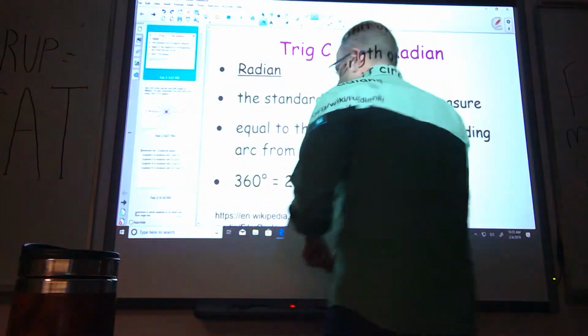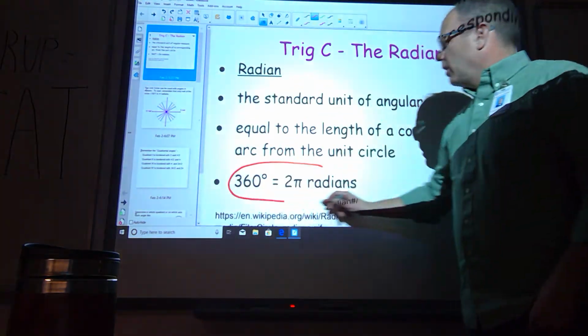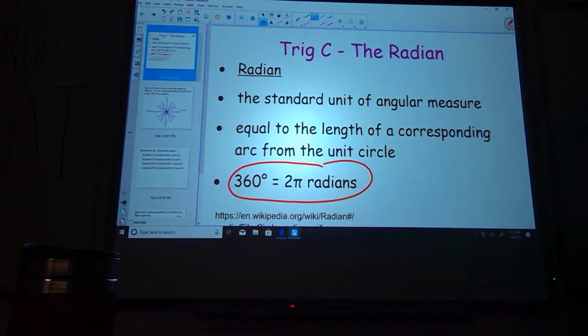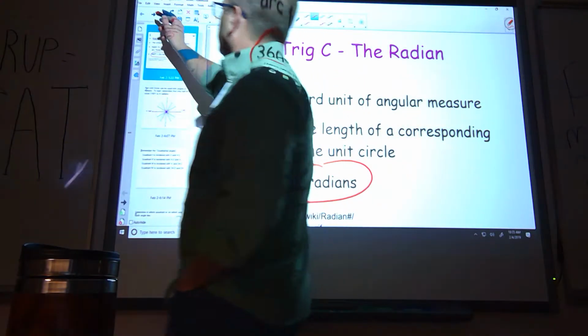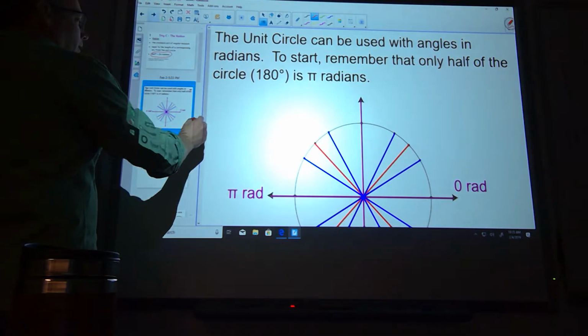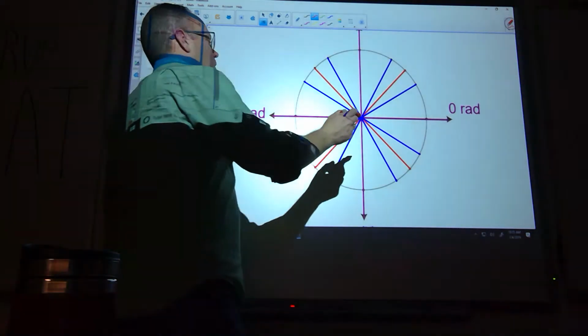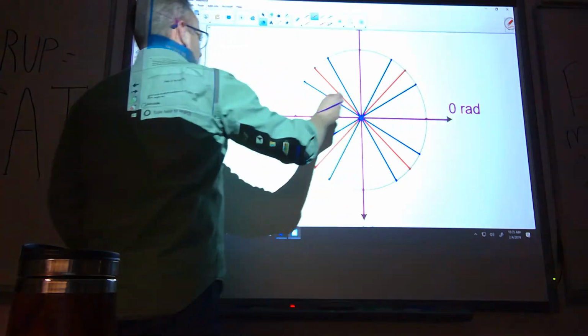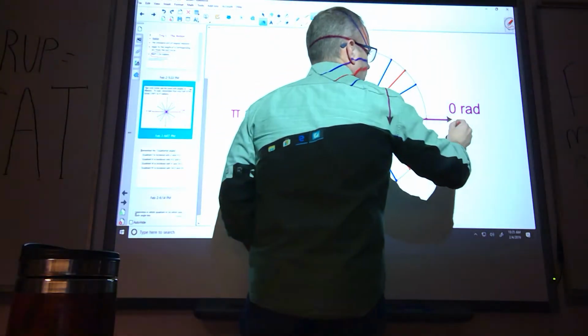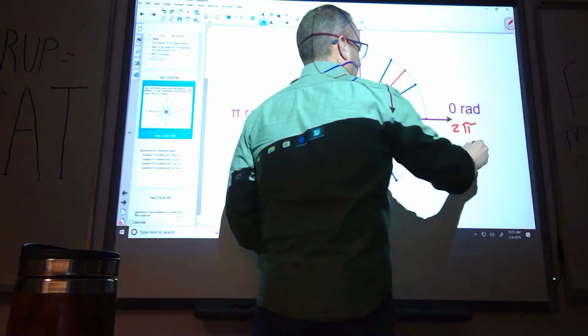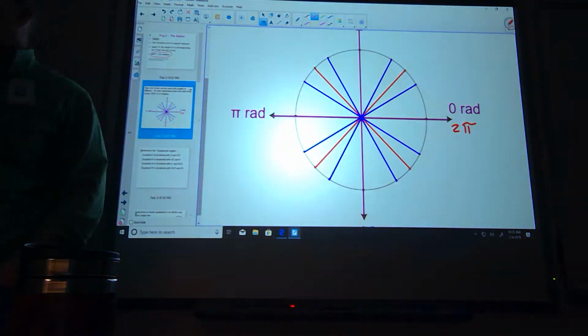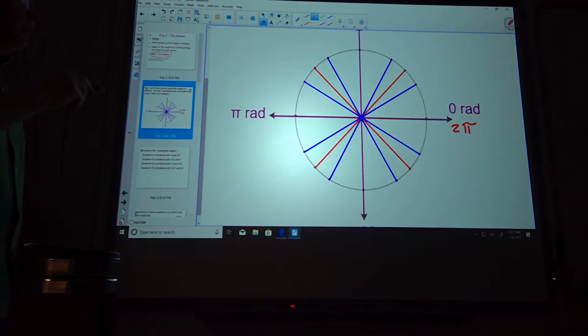Alright, so all the way around a circle is 2 pi radians. So halfway around a circle would be pi radians. Okay? So let's figure this out. If that's 0 radians and that's pi radians, then this is also 2 pi radians, because all the way around the circle is 360.